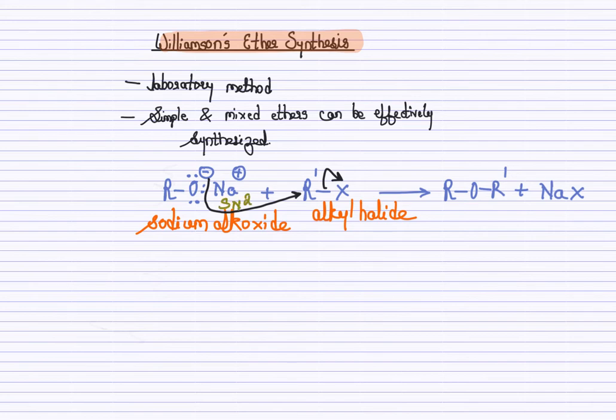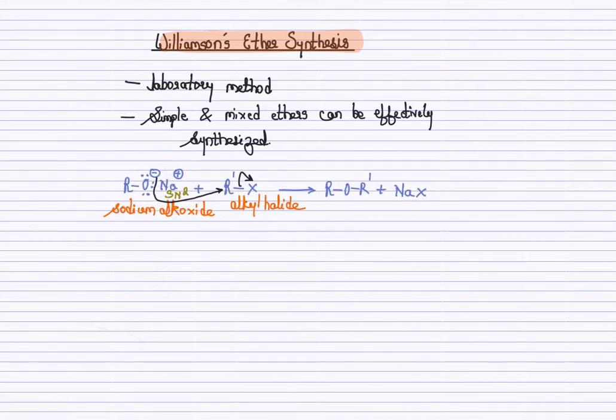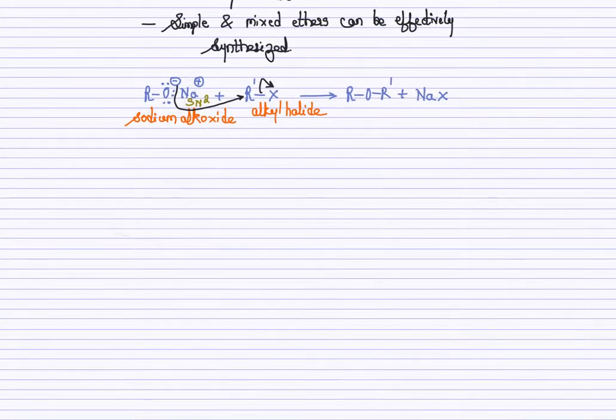So this is SN2 attack, and I think that's one of the fundamental things here. So this is your reaction scheme in which an alkoxide is made to react with alkyl halide to give you your corresponding ether. Now certain precautions that you have to know here, because it's very, very important.